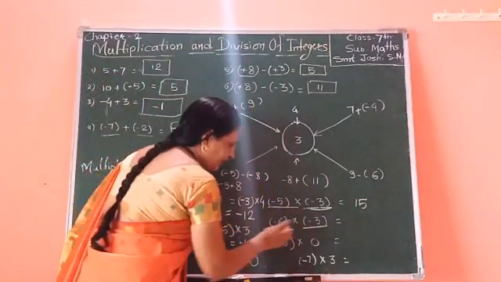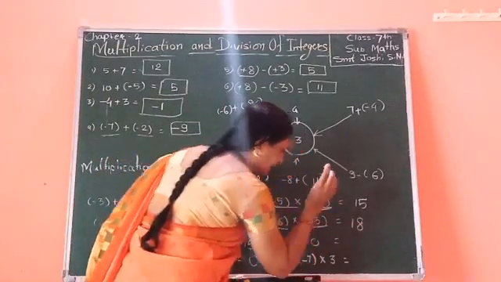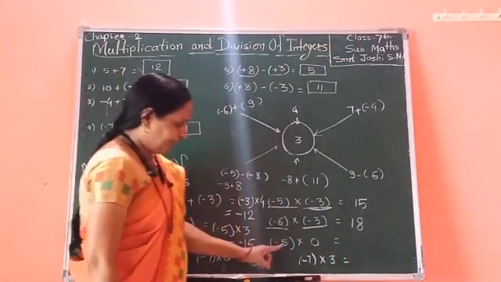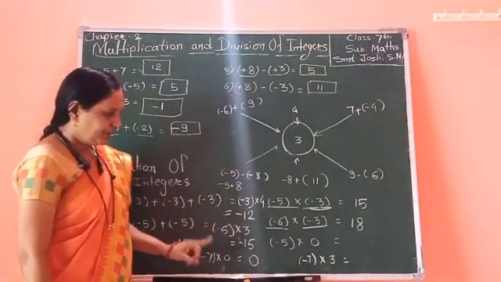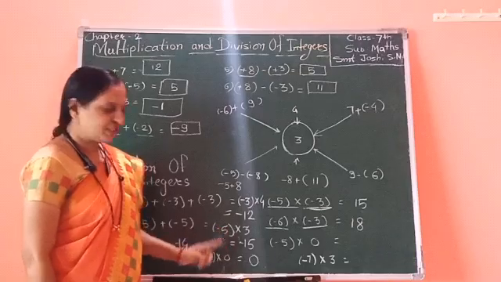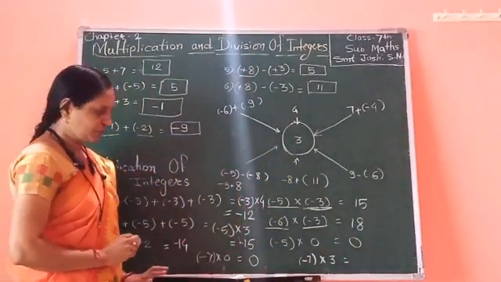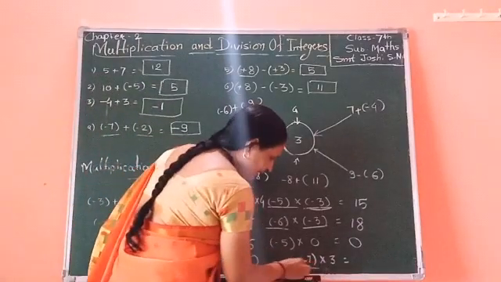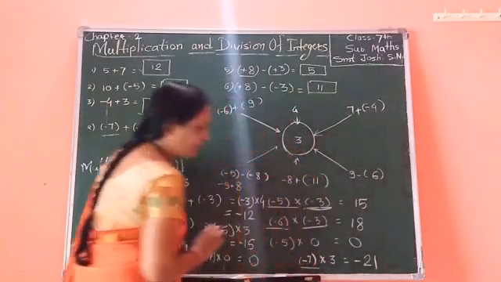Here negative 6 into negative 3. Answer is 18. Negative 5 into 0. Any integer multiplied by 0, the answer is 0. The product is 0. Here negative 7 into 3. Answer is negative 21.